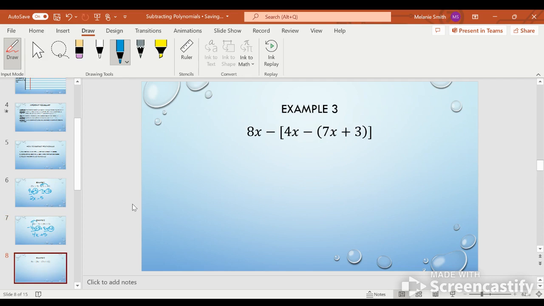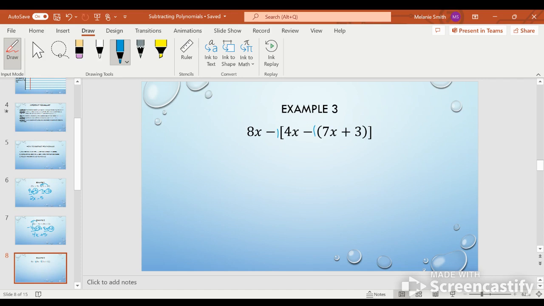All right, so if we go to example 3, now we've got some brackets and stuff, but these rules still apply. I've got a negative 1 here and a negative 1 here. So which one do I do first? Well, I have a couple of different ways to do this, but I feel like the simplest way that kind of makes sense to everybody is going to be to handle what's inside the brackets first.